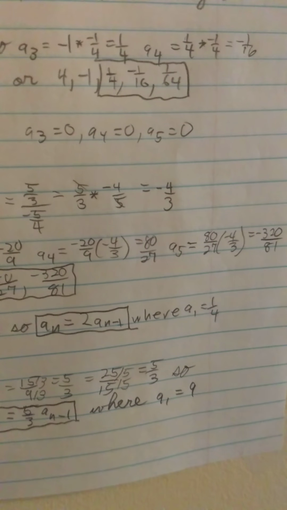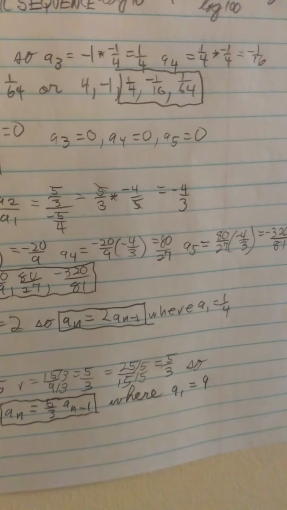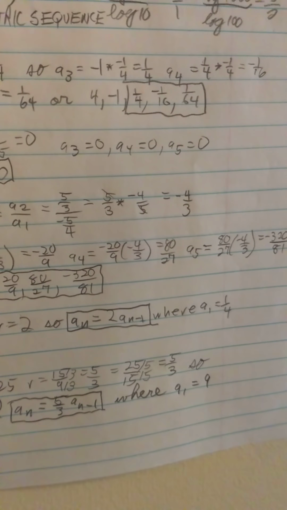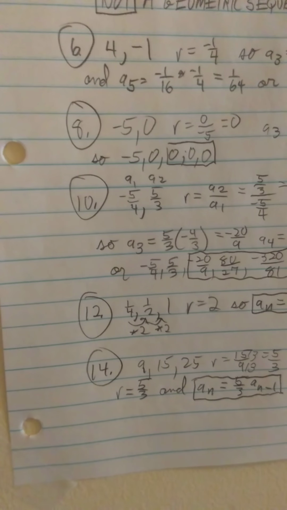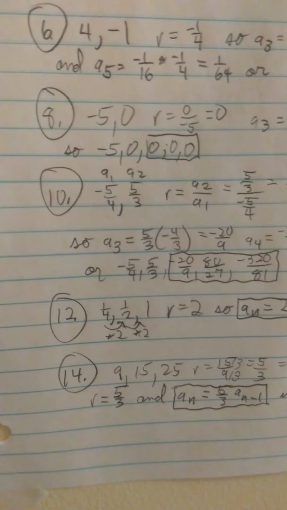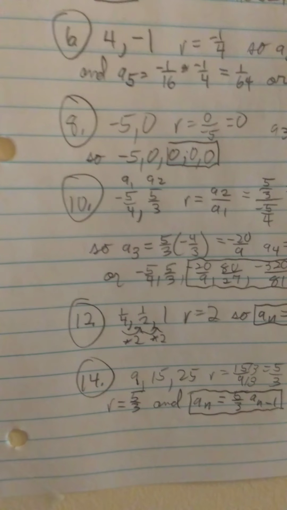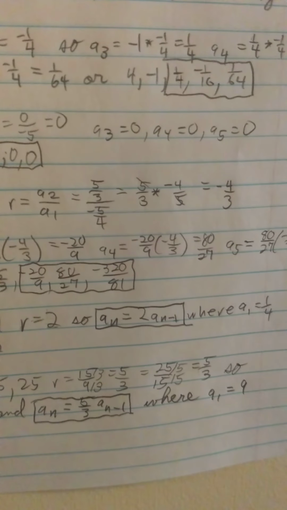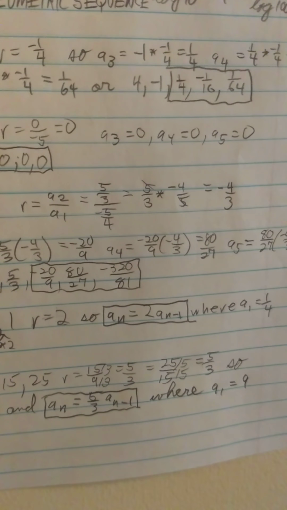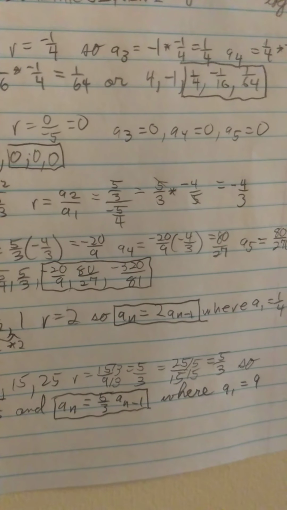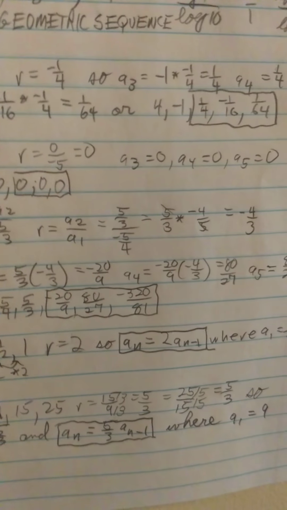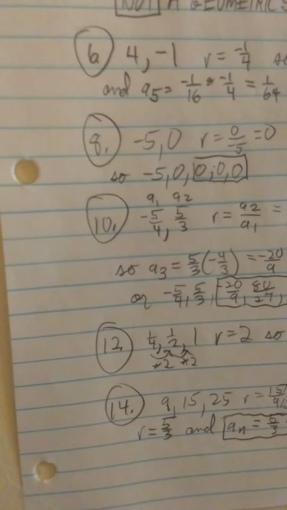And a sub 4 is positive 1/4 times negative 1/4, the r, or negative 1/16. And a sub 5 is negative 1/16, the a sub 4, times negative 1/4, or 1 over 64. So the 5-term sequence now becomes 4, negative 1, 1/4, negative 1/16, 1/64.